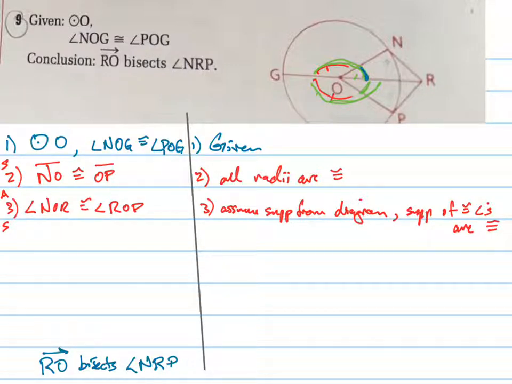This is NOR, and this is ROP. And I did supplements of congruent angles are congruent.